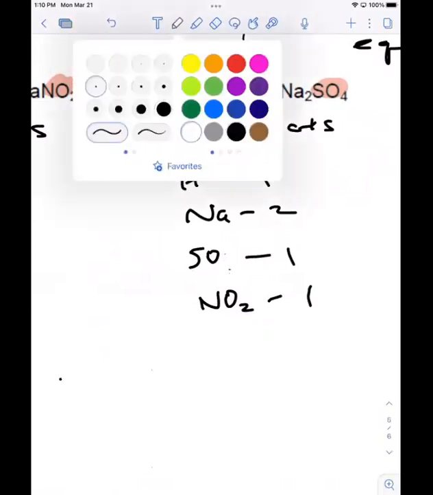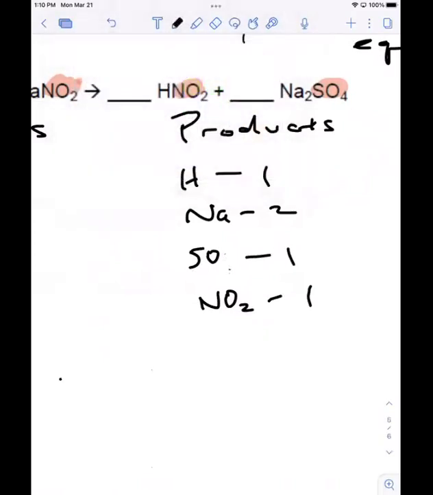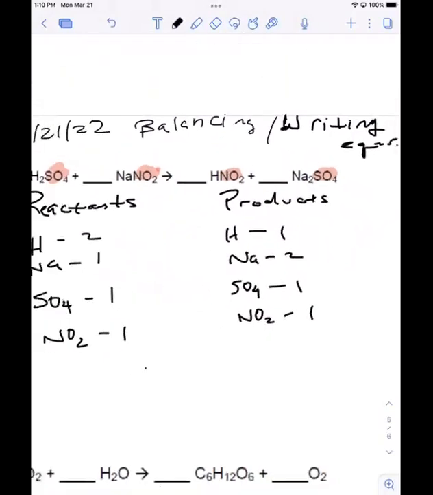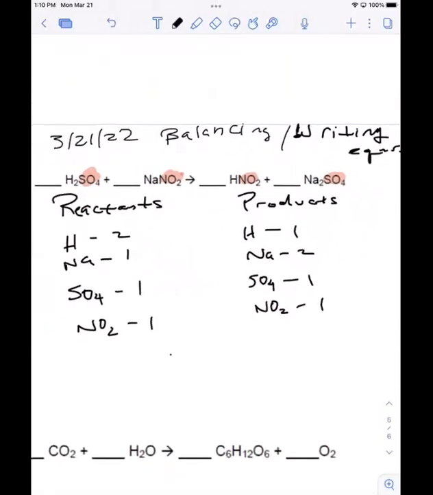All right. What do you want to start balancing first? If you look at the NO2s and the SO4s, they're both already balanced. So we could start with either hydrogen or sodium. What do you think?